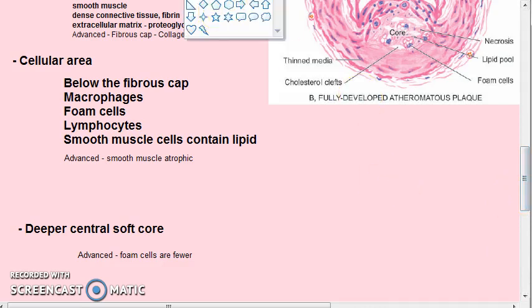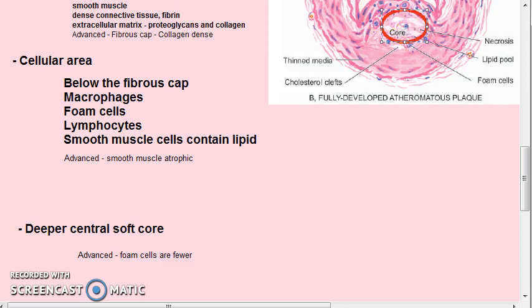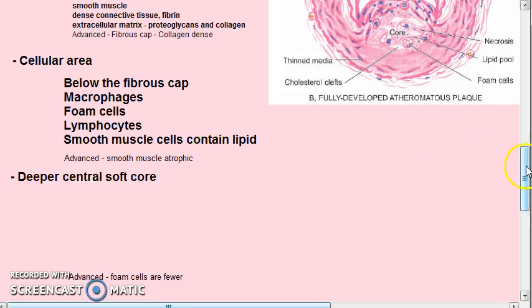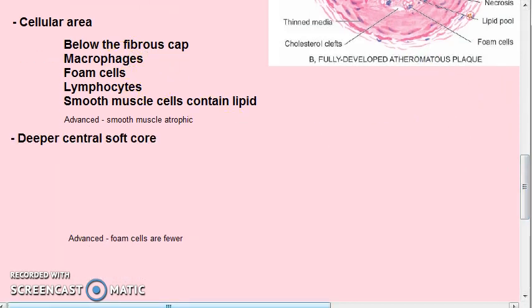Can you see here? This is the central soft core. Now we are going to explain the core. It consists of extracellular lipid material.